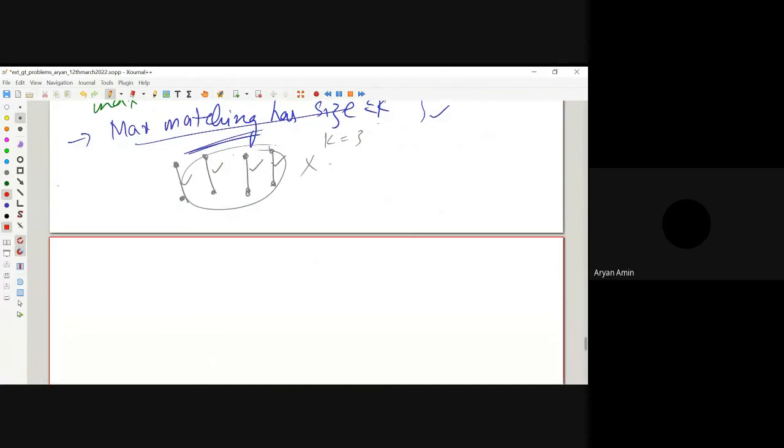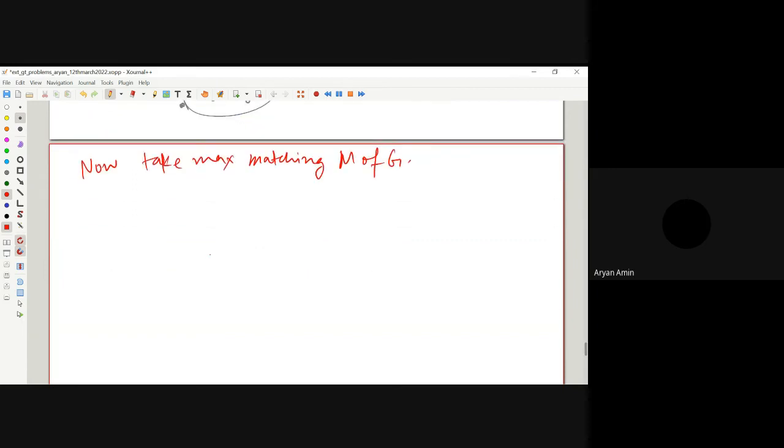Okay, so moving on. The obvious course of action now is to take the maximal matching M and do something with it. Suppose the maximal matching was x1 to y1, x2 to y2, and so on up till xk to yk.